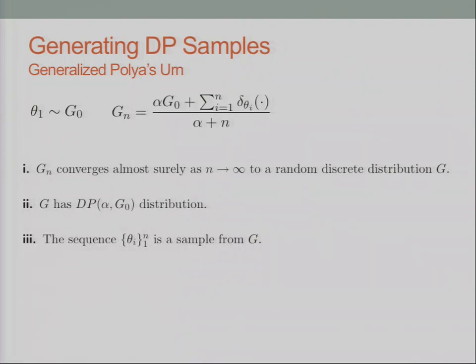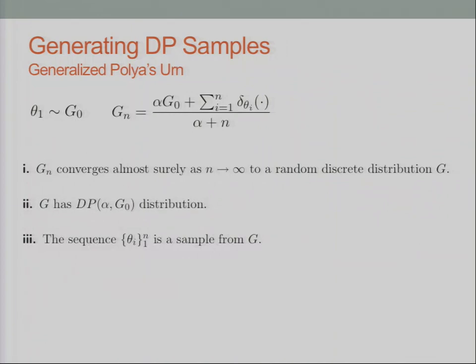And Gn denotes the posterior of the Dirichlet process conditioned on the first n samples. So this is the form Gn is going to take, and Gi is going to be sampled from Gi minus 1, basically. So we iteratively sample.